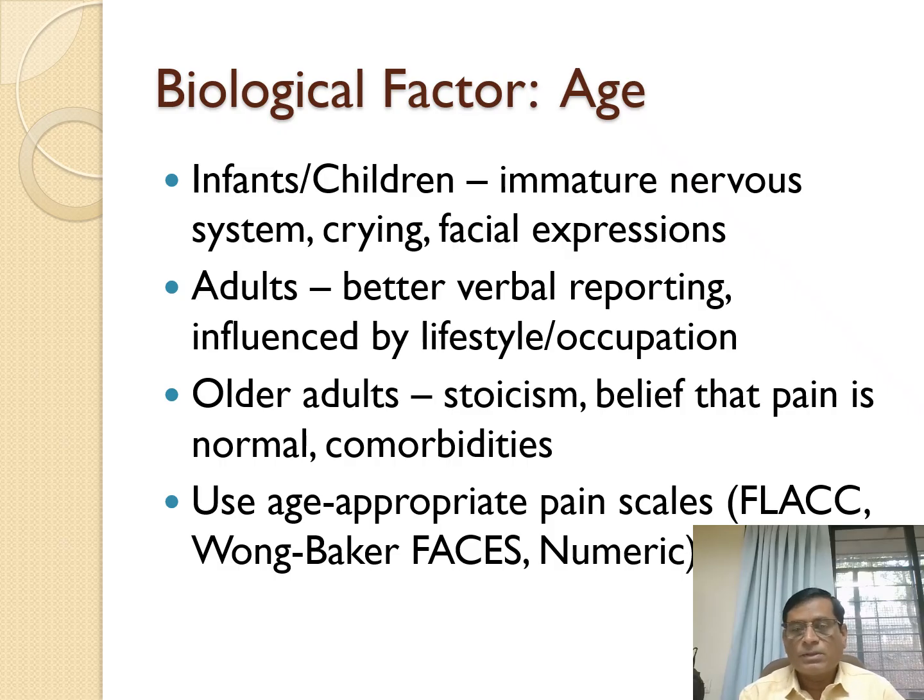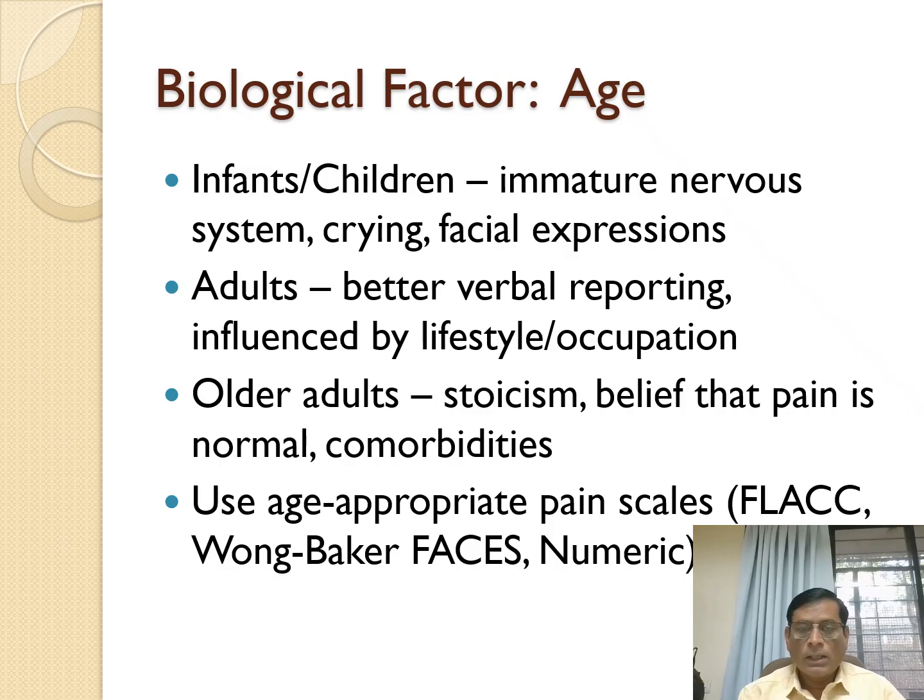So because of their immature nervous system, their pain perception is different. Whereas adults have better verbal reporting of the nature of pain, what kind of pain, whether it is throbbing pain or headache, and where the pain is. They can localize it, and verbal reporting is much better in adults compared to children. It is influenced by lifestyle and occupation.